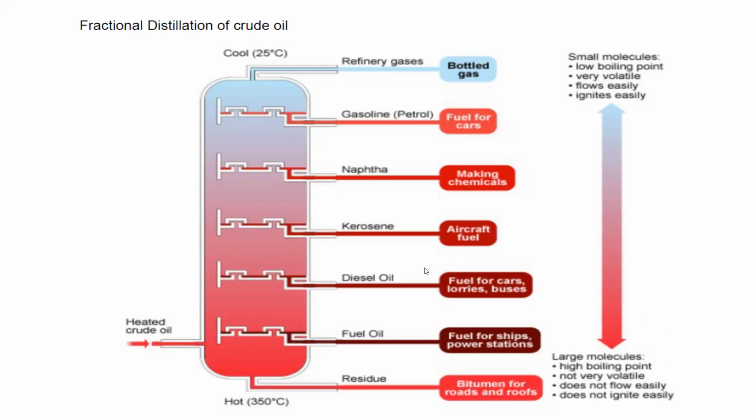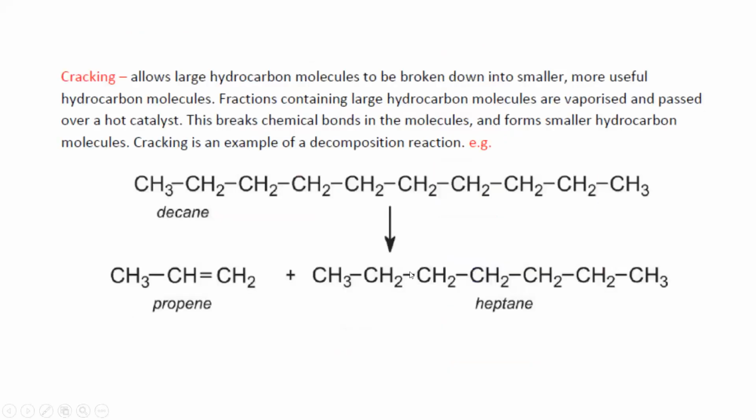When we crack a hydrocarbon, there are two possibilities. It might produce alkane and alkene, or it might produce alkene and hydrogen.